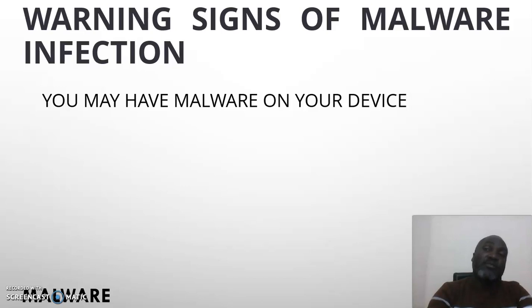The other would be if you have what we call a BSOD, or blue screen of death. When you notice that, you should also reconsider and think that you have malware that has infected your system. The other one is programs running and closing automatically or changing themselves. Those also are signs that may lead to malware infecting your system.